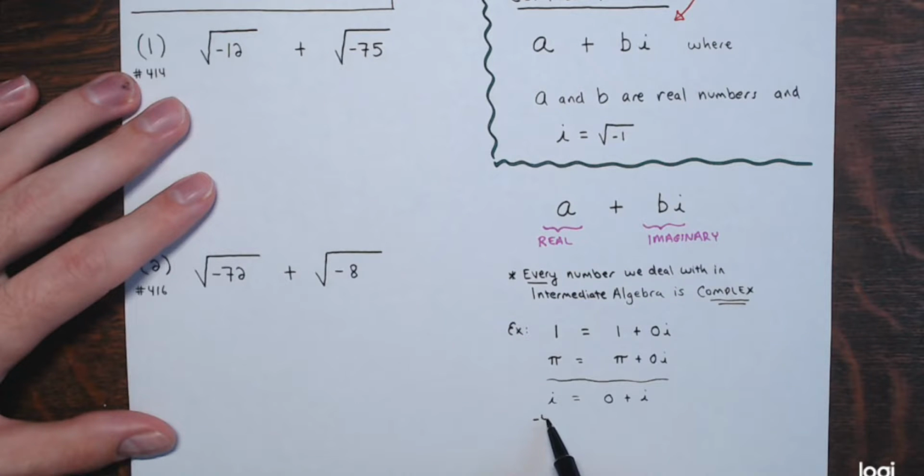Negative 4i, imaginary, is 0 plus negative 4i, or 0 minus 4i. Any number that is strictly imaginary can be expressed in this standard form by simply adding 0.